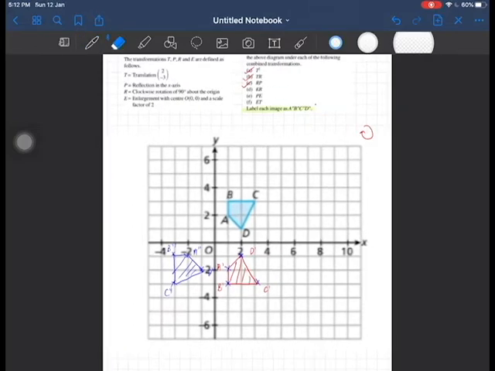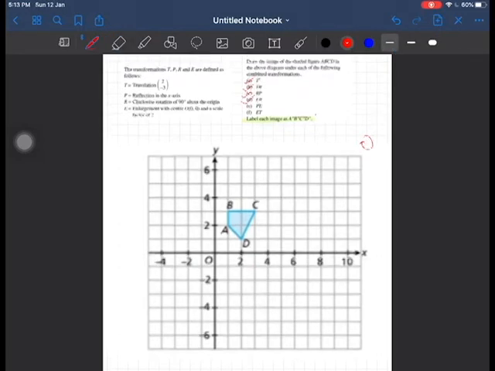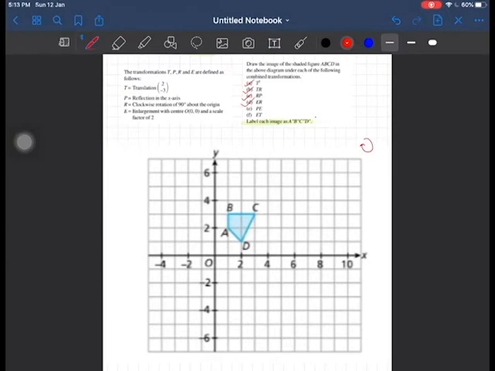So we continue with the next one, ER. So first R is rotation. So again, rotation. This is A prime. Just do all at once.